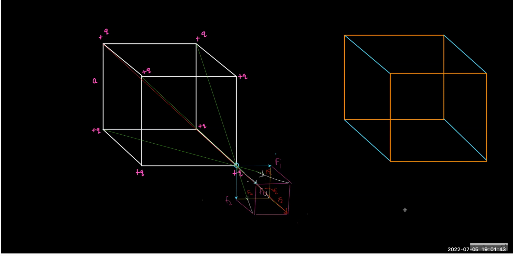Now in a cube, if I just choose three sides, tell me guys, the red line represents which diagonal? Face diagonal. Very good. And if I draw the green line like this, what does this line represent? Body diagonal.